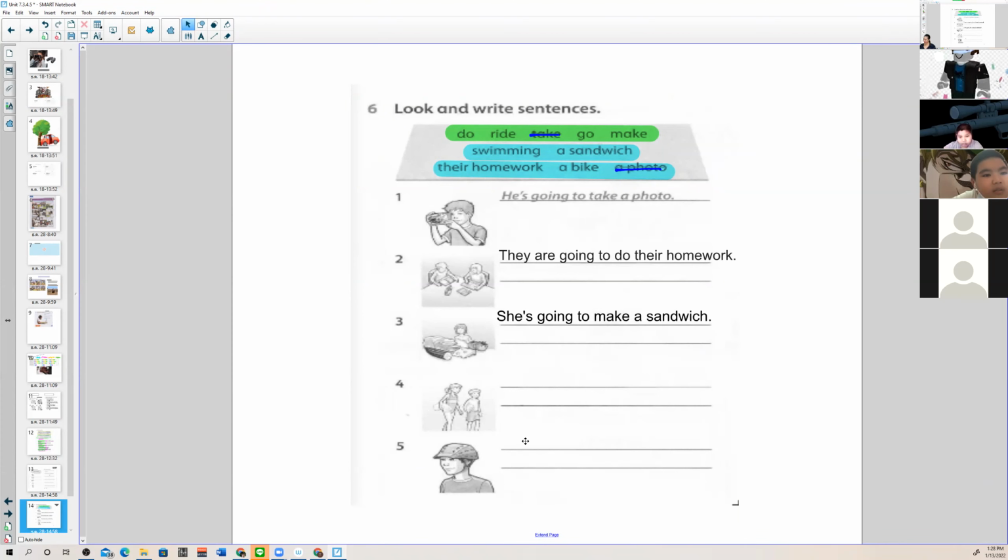They are going to go swimming. Number 5. He's going to ride a bike. Yes, he's going to ride a bike.